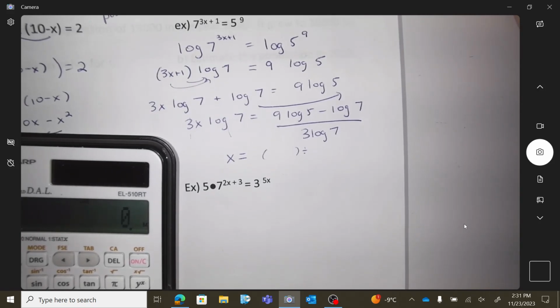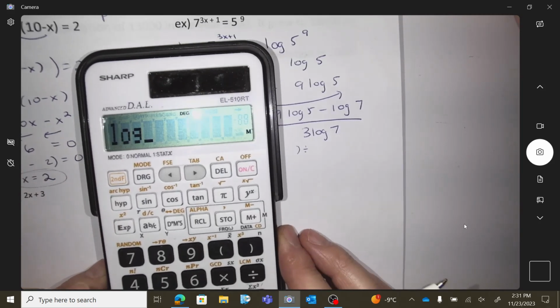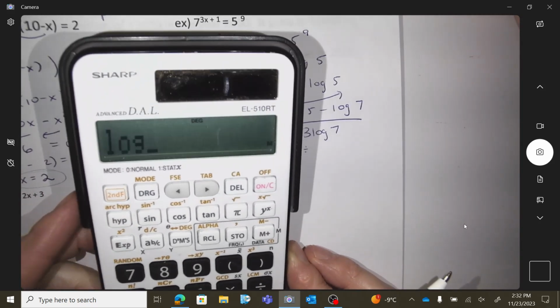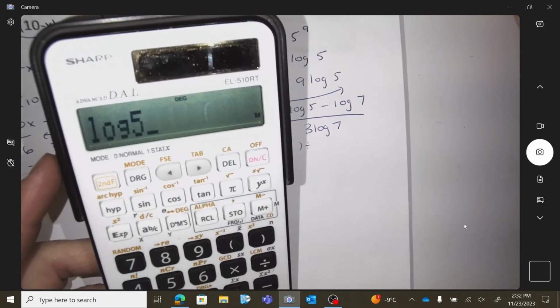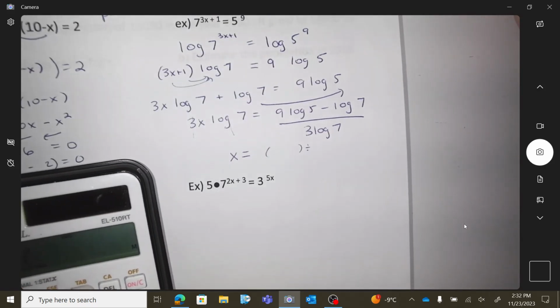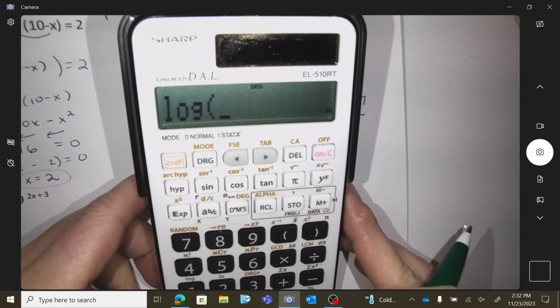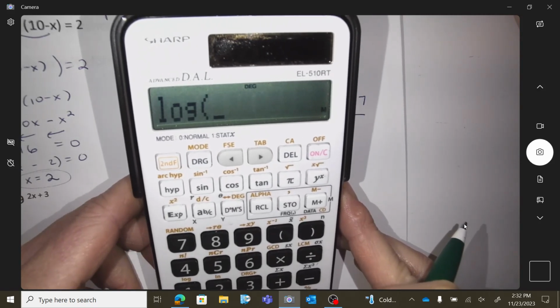Some of you might have a brackety calculator. So for instance, when I push my log button, I don't have a bracket. So I could just do something like that, like the log of 5. I can just straight type that. Some of you might have a calculator that as soon as you type log, it opens a bracket.